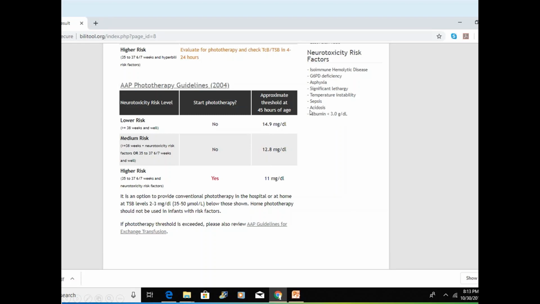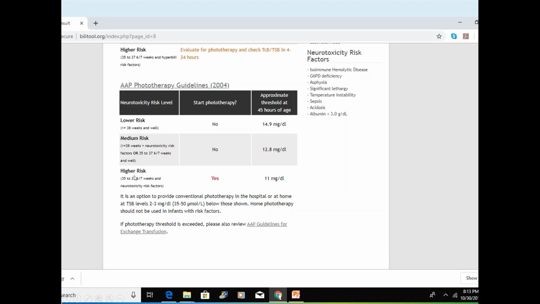Remember that in a premature baby, the albumin may be low as well. And a sick baby usually tends to have acidosis and temperature instability. So all these may affect, and hypoglycemia may affect as well. So we should keep in mind that we should be monitoring the risk of this along with the categorization here.